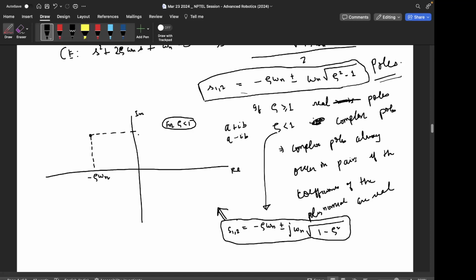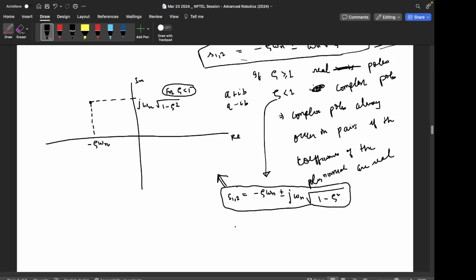The imaginary part is j omega n under root 1 minus xi square, right? And the magnitude: if you find out the magnitude of this complex number, it is the square root of real part square plus imaginary part square.